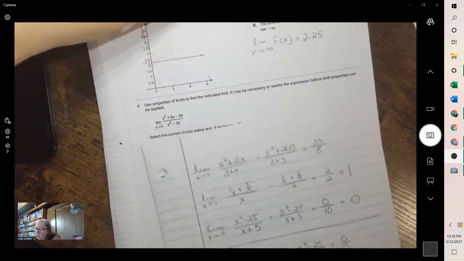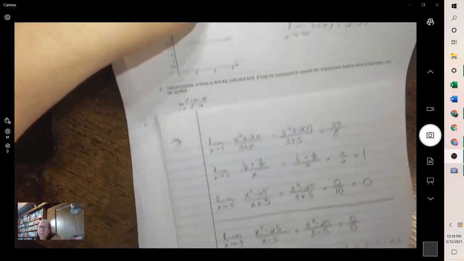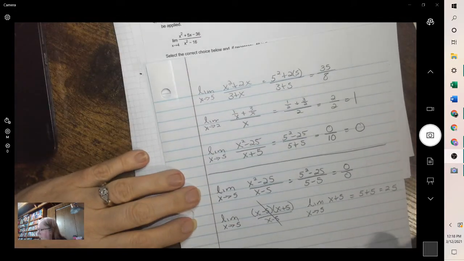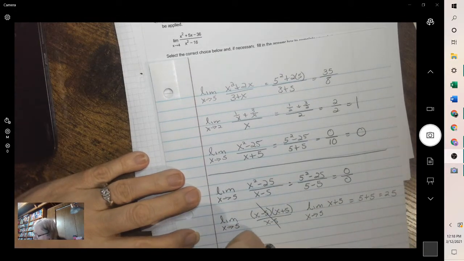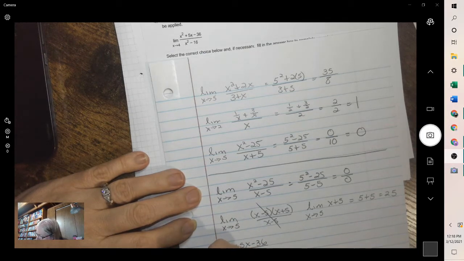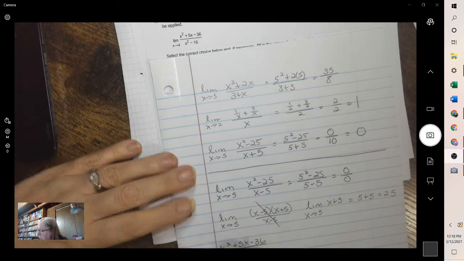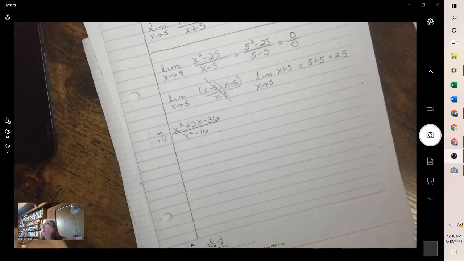Now there's some on the homework. So if we look at this one, x squared plus 5x minus 36 all over x squared minus 16, and the limit as x approaches 4. Okay, so I wrote it down here.